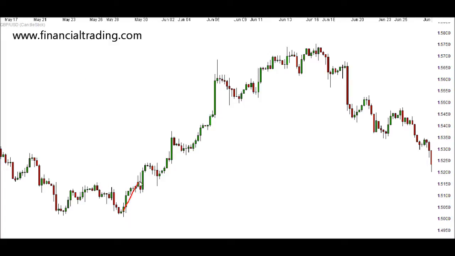So price pushes and then pulls back. When price changes from a push to a pullback, that's our high. A push and a pullback, there's our high. A push, a pullback, there's our high. A push, price then pulls back, and there's our high.